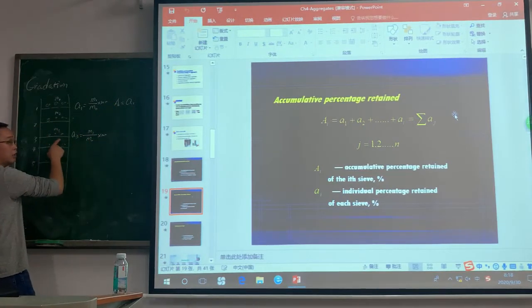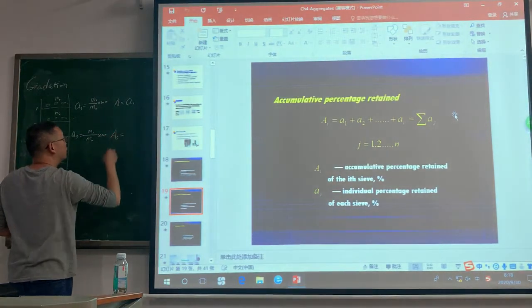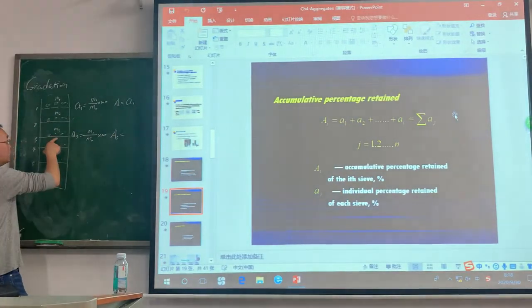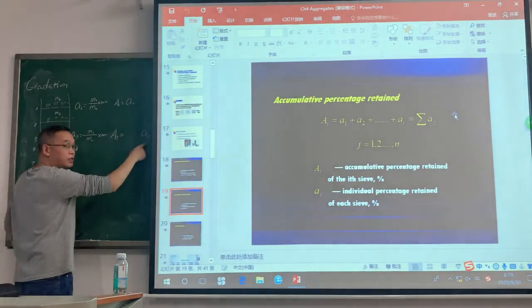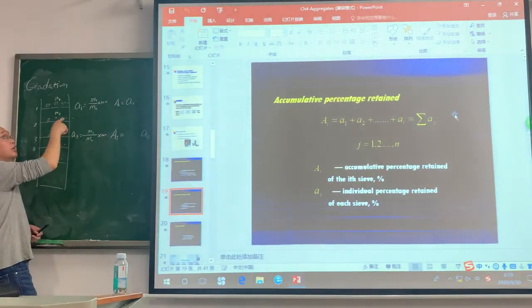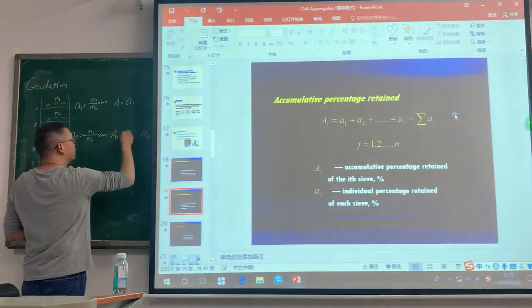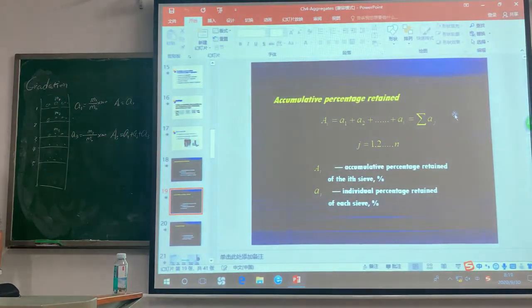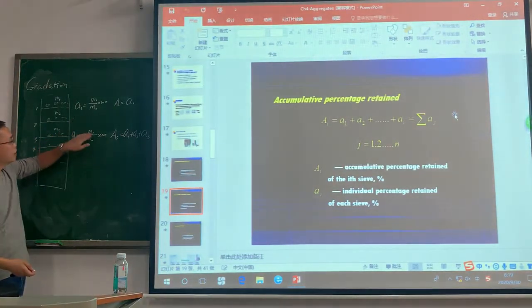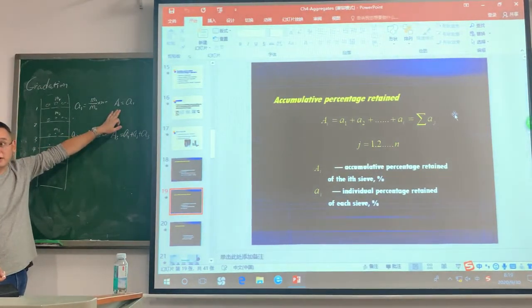But for the third sieve, it is the individual percentage retained at this sieve and this sieve and this sieve. Are you clear about this one? Maybe you are confused by the last part.